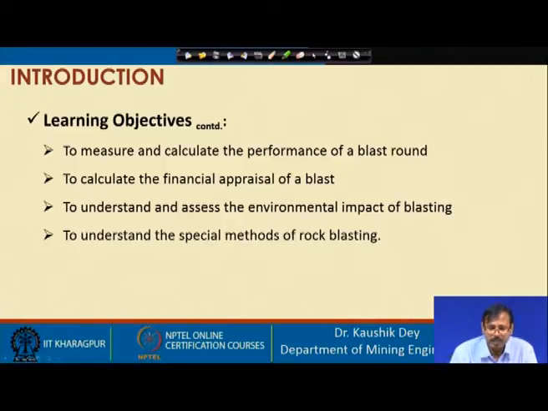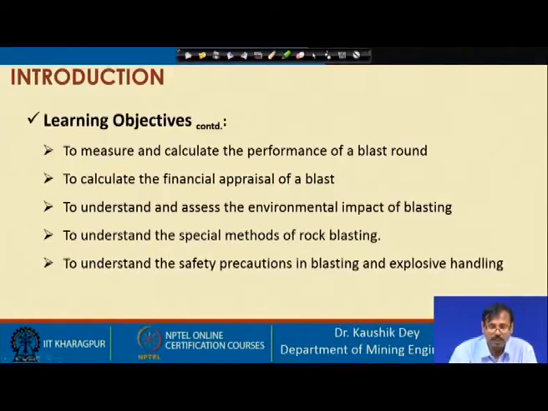There are some special blasting methods required, which is one of the objectives students should learn. And the last but very important, the safety precaution requirement in the blasting and in explosive handling. This is essentially required because the explosive is a huge source of energy, and premature release of that may lead to any type of fatality.